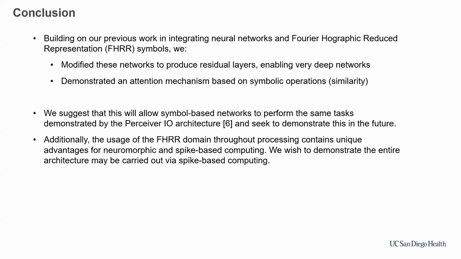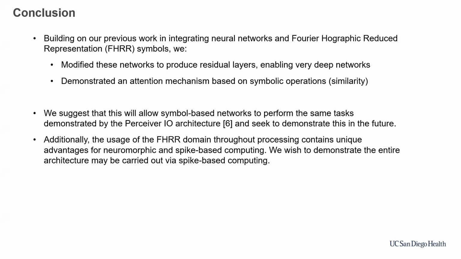So just to sum up, everything we've been through in the past 30 minutes, we focused on integrating neural networks with the Fourier holographic reduced representation, and we modified these networks slightly from what we've published previously to allow them to produce residual layers, which allowed these networks to become very deep but still trainable.